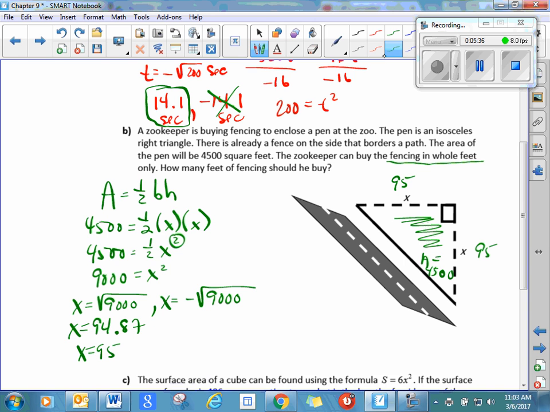And of course, we're going to, again, throw out the negative fencing option because that doesn't make sense for our word problem. So the answer is going to be 95 times 2, which is 190 feet. Sorry, not square feet.